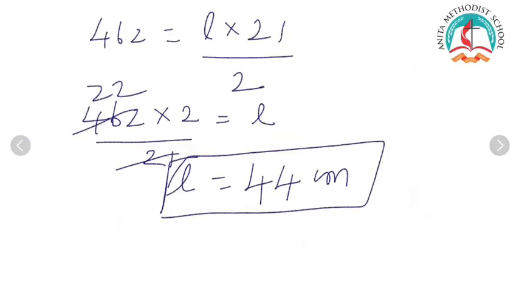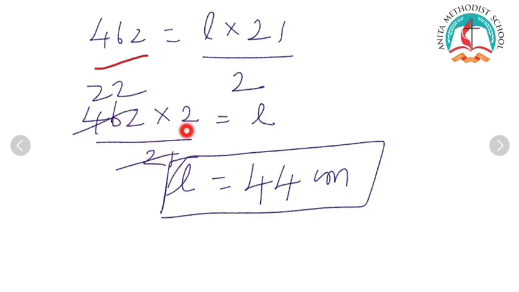So apply in the places. Area 462 is given, we don't know the L, and into 21 by 2. By cross multiplication, the 2 will go to the numerator, so we get 462 into 2. This 21 will go to the denominator.